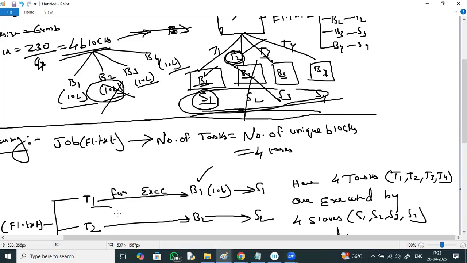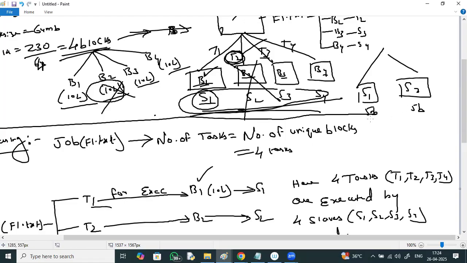So if you are maintaining a very big cluster with many slaves, it doesn't mean that in a single system you can store multiple blocks. If there are only 2 systems, S1 and S2, but 10 blocks, 5 blocks go here and 5 blocks here.